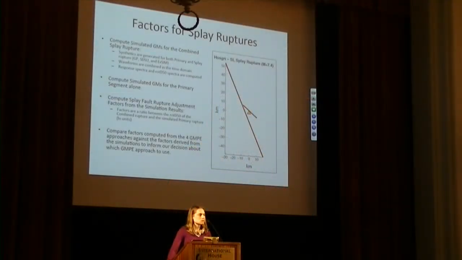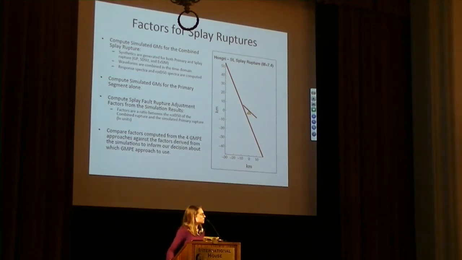So what we're trying to do is use the simulations to guide us in which methodology we should use for the GMPEs to compute the ground motions for the splay rupture. The first step is using the simulation results. We're going to assume that the simulation results are correct. That's the right answer.